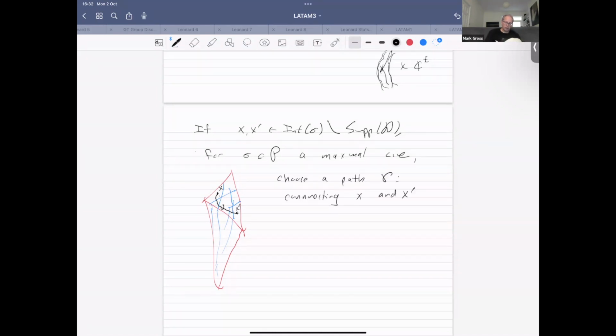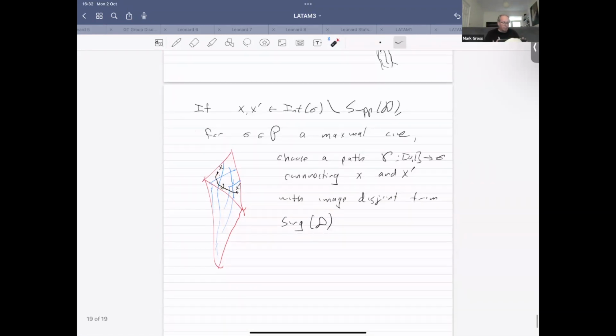So in other words, this will be a path, doesn't need to be an injection, into sigma with image disjoint from the singular locus of D. I'm going to choose a path, something like this.